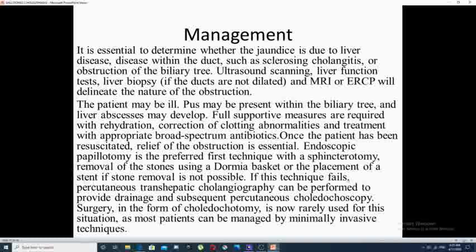If this technique fails, percutaneous transhepatic cholangiography can be performed to provide drainage and subsequent percutaneous choledochoscopy. Surgery in the form of choledochotomy, which means opening of the common bile duct, may be done.